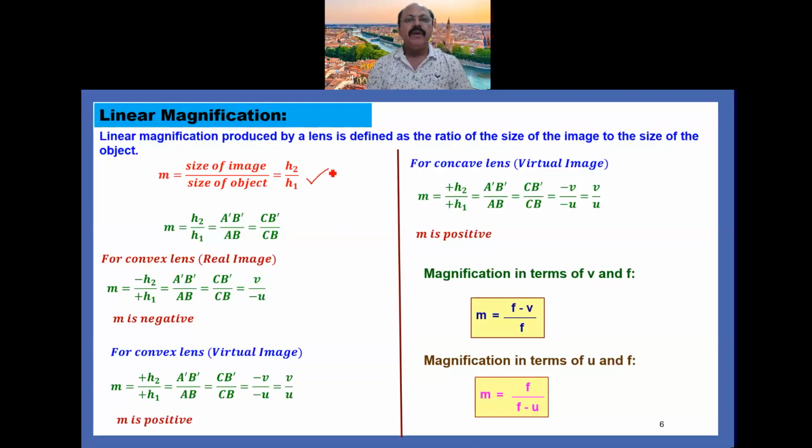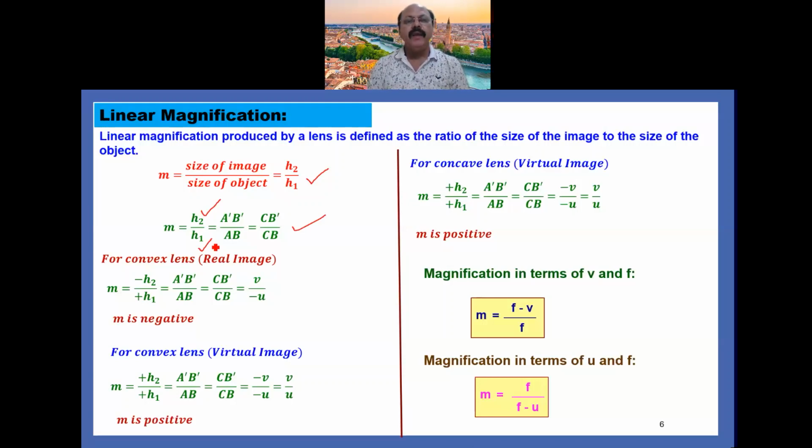And from the lens formula derivation, we know that A dash B dash upon AB equal to CB dash upon CB. A dash B dash is the image, so we write it as h2, and the object is AB, which is h1. So the formula we can write: m equal to h2 upon h1 equal to A dash B dash upon AB equal to CB dash upon CB.